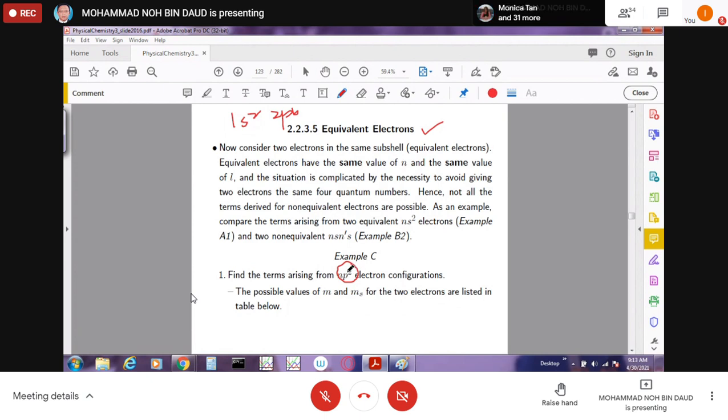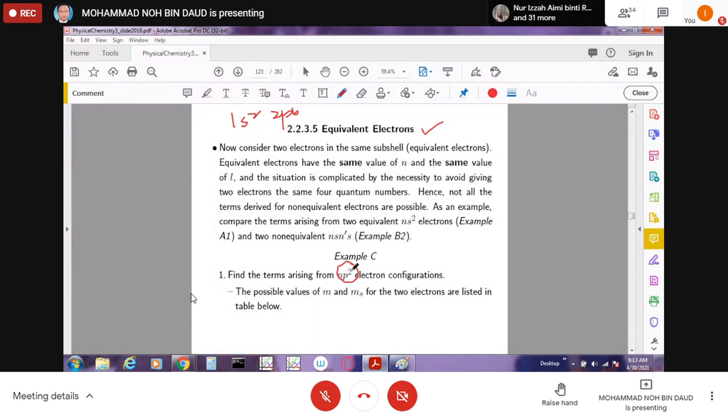So if we use the angular momentum addition rules, some combinations of quantum numbers will be the same for these 2 electrons. Okay, so we cannot have the same set of quantum numbers for 2 electrons.